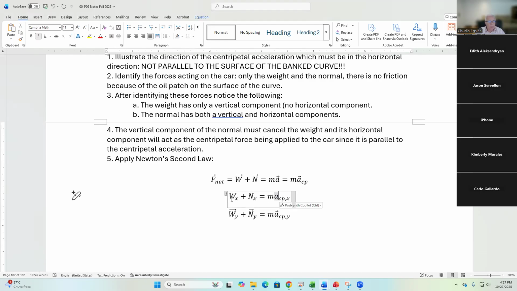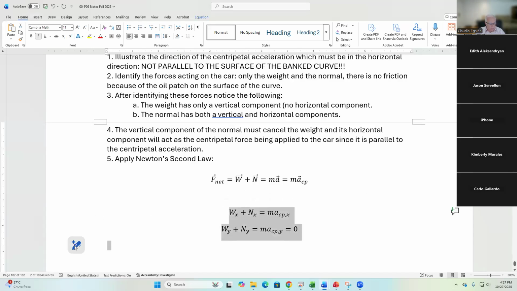Centripetal force along the x direction. Okay, and we have the y component. The car is not accelerated along the y direction. Consequently, its acceleration is equal to 0, just like in the other case.